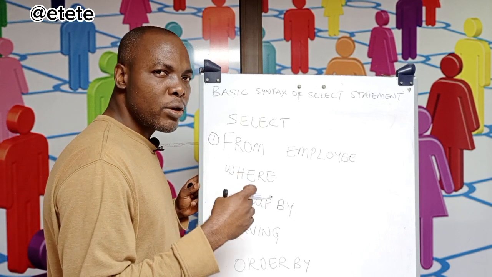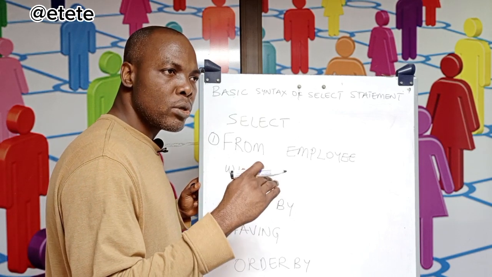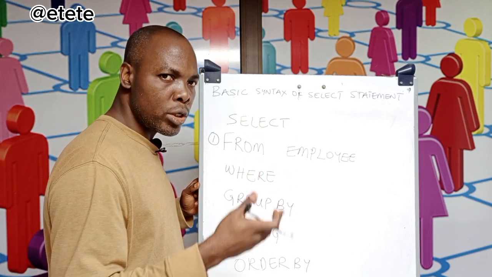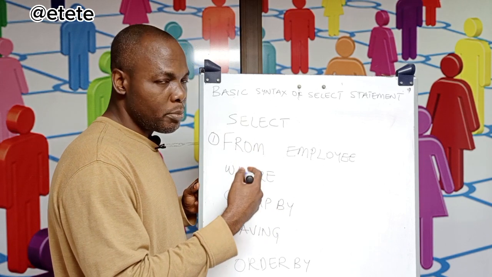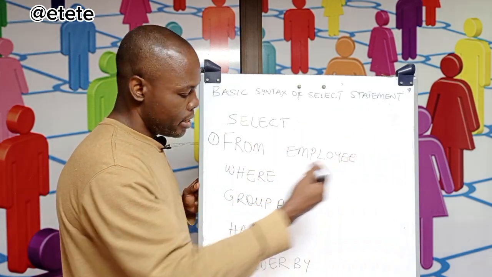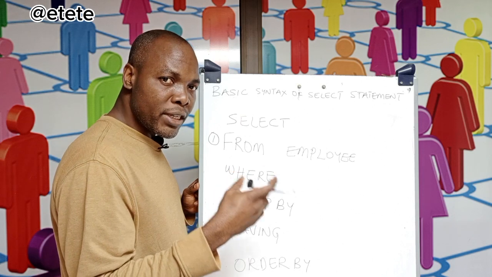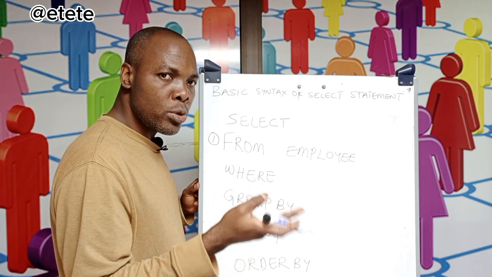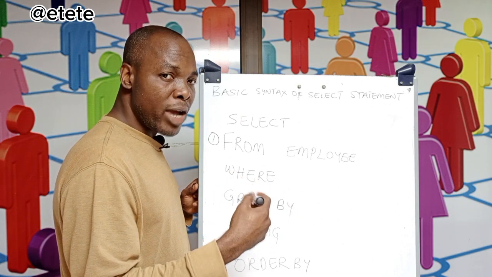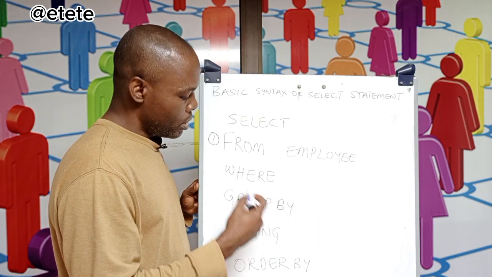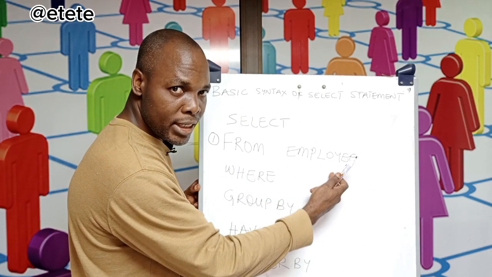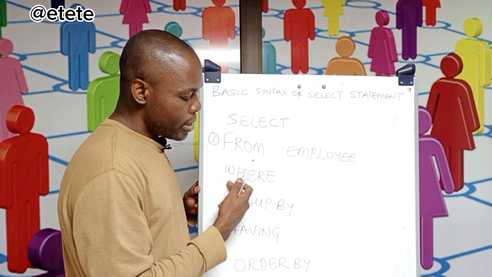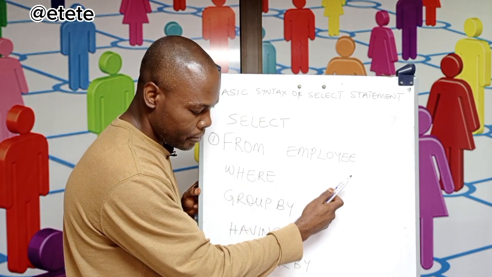Now, if you are going to bring out all the rows and all the columns, you can simply say select star. But if you are going to filter to bring out some rows, not all the rows, that means you have to put a condition. So you say from this source, then the condition statement.